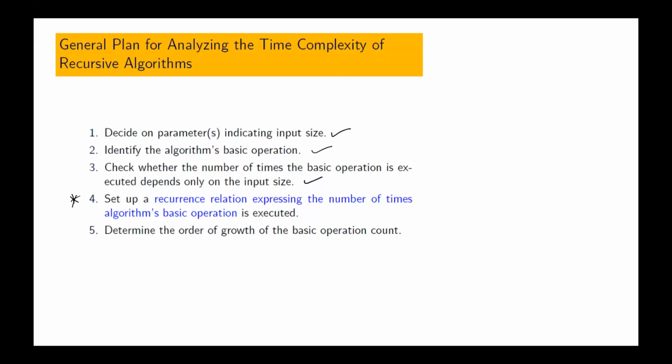Here also we need to solve that recurrence relation. Once we know the solution, automatically we can find the order of growth of T of n. After finding the order of growth, we can represent it using some asymptotic notation.